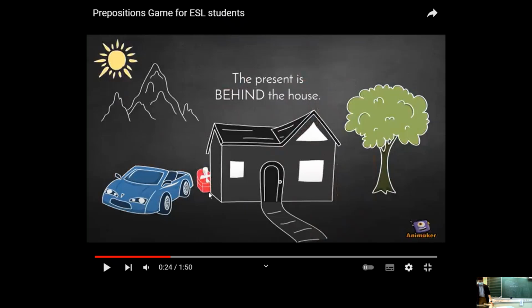You can't see it clearly. The present is at the back of the house. So everybody, the present is behind the house.